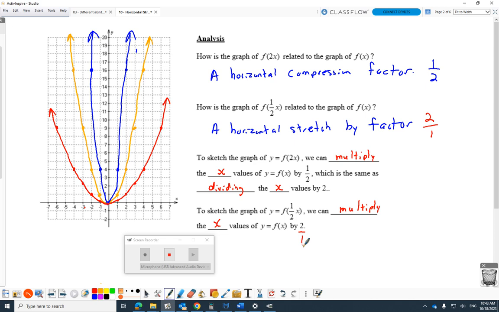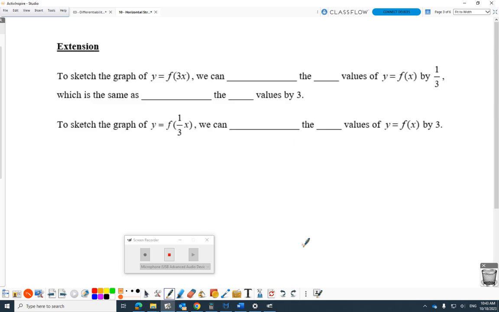Questions there? Extension. What if it was a 3? If you want to do y equals 3x, we can multiply the x values by 1 over 3, which is the same as dividing the x values by 3.